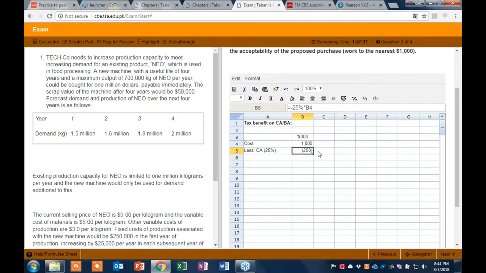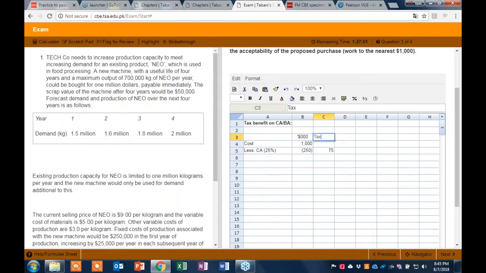So this will reduce our taxable profit by 250,000, which means that the company will not have to pay tax on these $250,000. So the tax rate is actually 30%. So 30% of 250,000 will be saved in tax payments in year one.